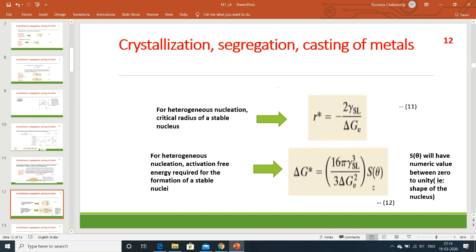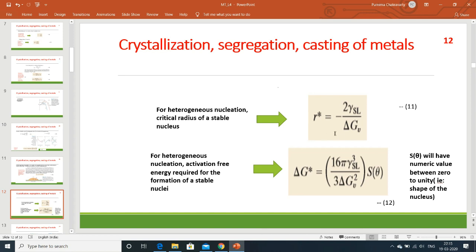Here you can see a new term, S theta, which has a numerical value from 0 to unity, and it stands for the shape of the nuclei. Because in the last case we considered the nucleus to grow as a sphere, but here it's not a complete sphere, so S theta stands for the shape of the nucleus.